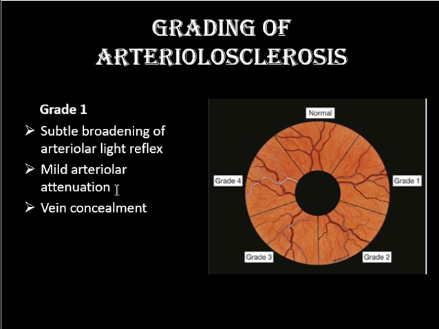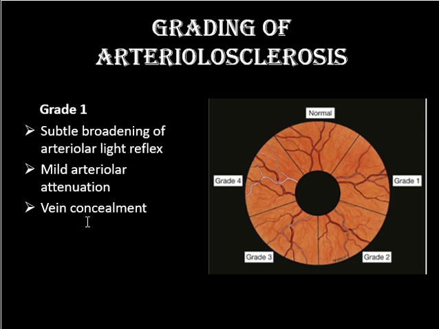These are the normal vessels, with normal caliber and a normal looking retina. But here, because of the sclerosis, there is broadening of the arteriolar light reflex, and there is also arteriolar attenuation.